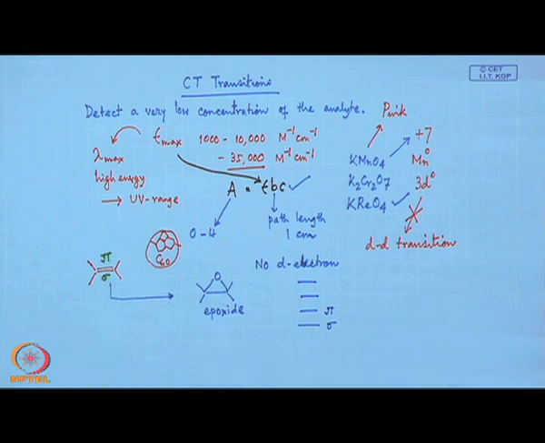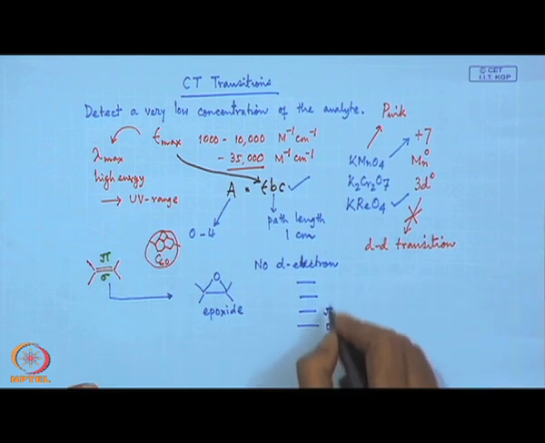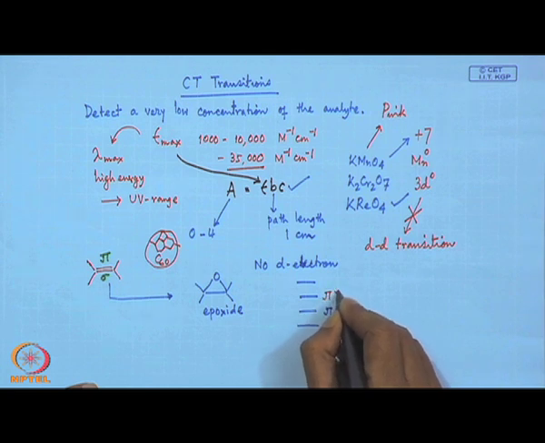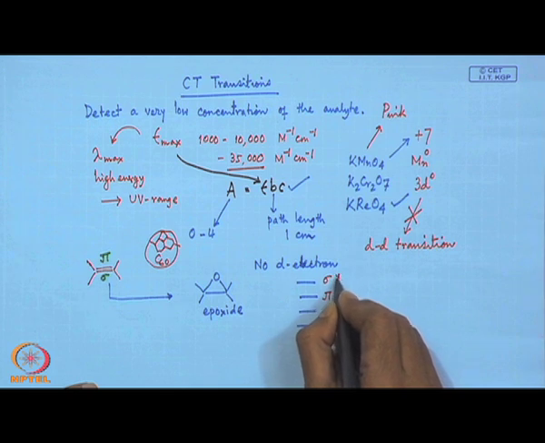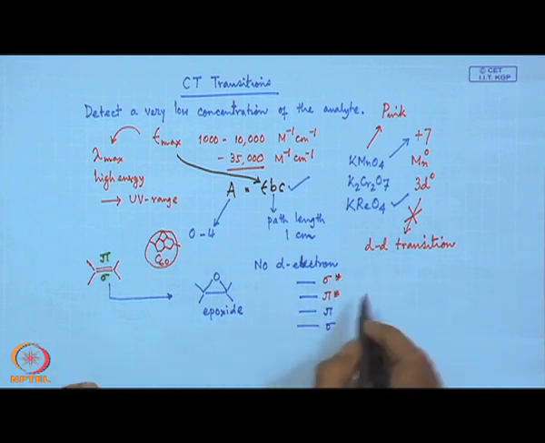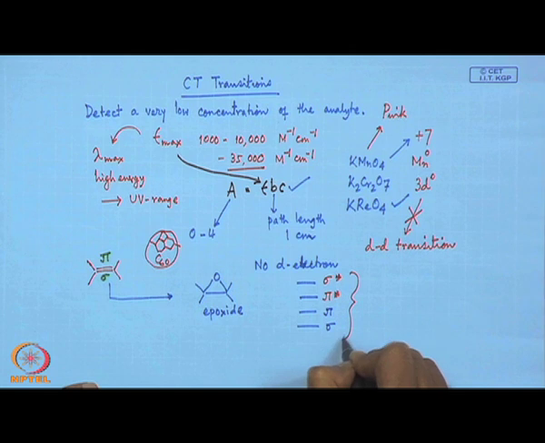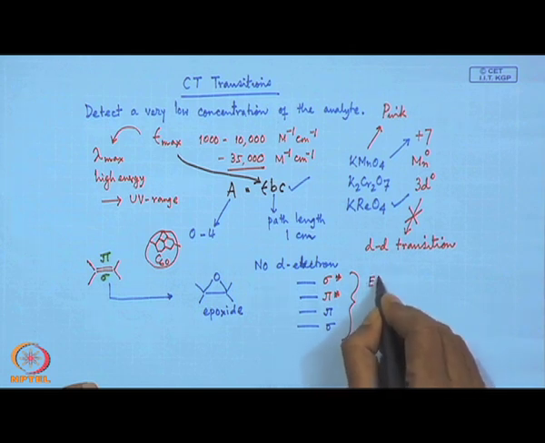That means electrons are localized by forming two bonds, one sigma and another of pi type. We can have the corresponding antibonding levels, which are pi star as well as sigma star levels. These are now our new electronic levels.